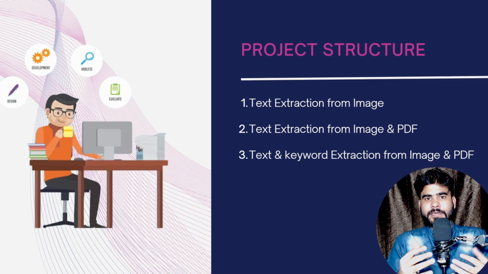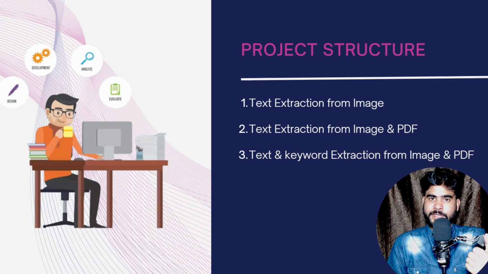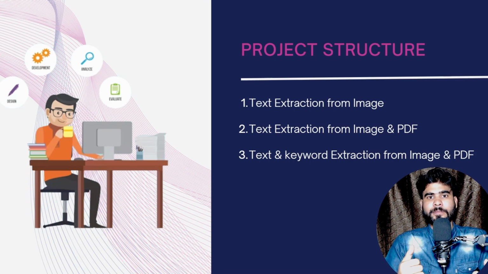After extracting the complete text from our PDF file, we are going to find important keywords like skills, phone number, location, person name, email ID. These are some of the keywords we are going to extract from the PDF file or from images.